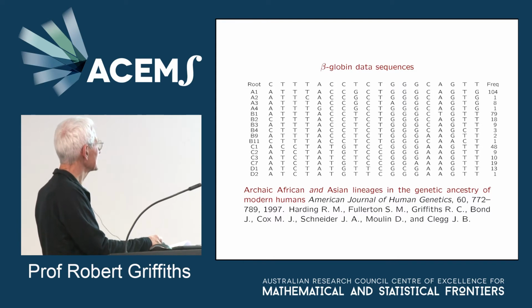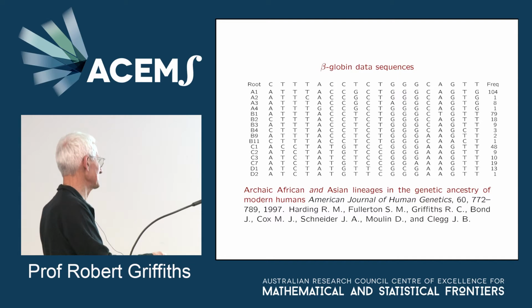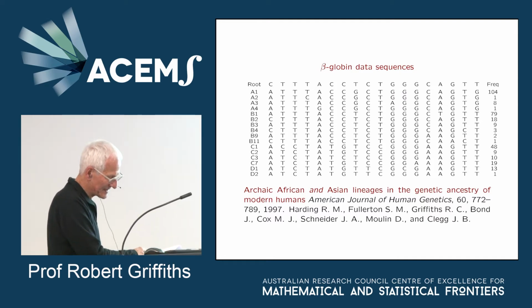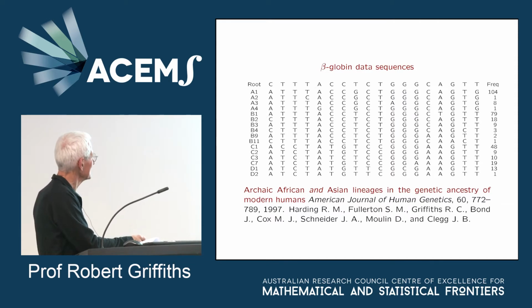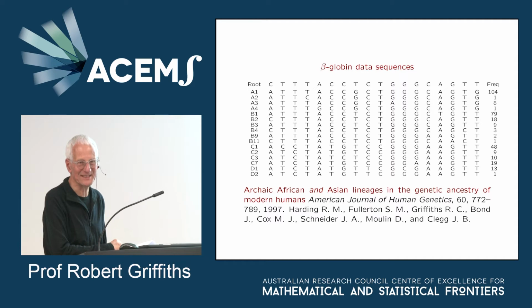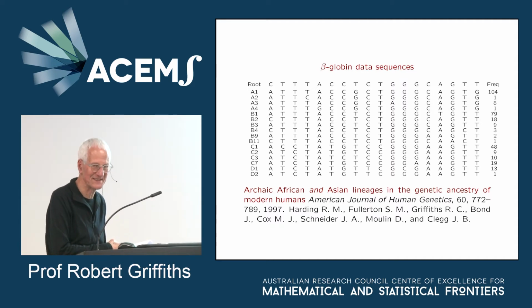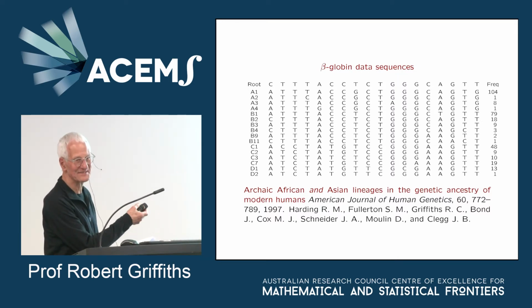If you look at the columns here, there are 2 types in each column. So there are only 18 different columns here, but the data really is about 3 kilobases long. It's about 3,000 bases in this data set. So these are the columns where there are 2 types in each column.